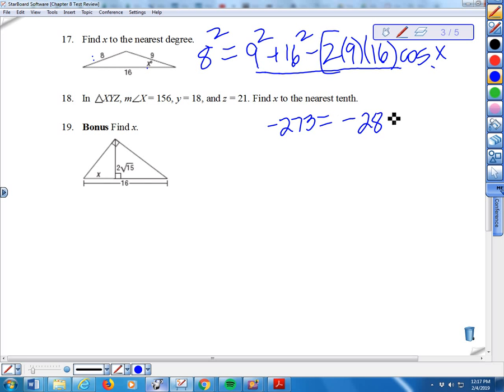Is that right? Yeah. Now to get cosine x by itself, I divide by negative 288. And then I'm going to take the inverse cosine of that. 14.4 degrees.